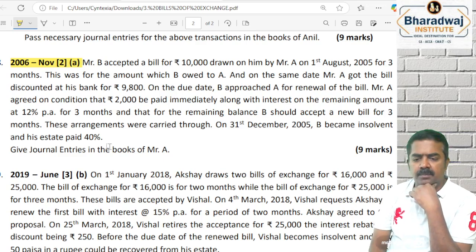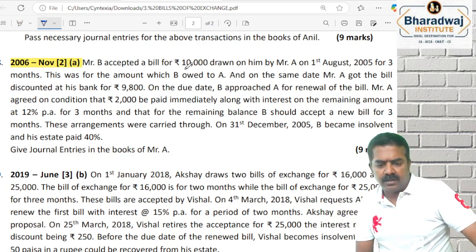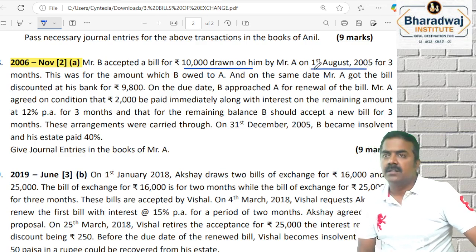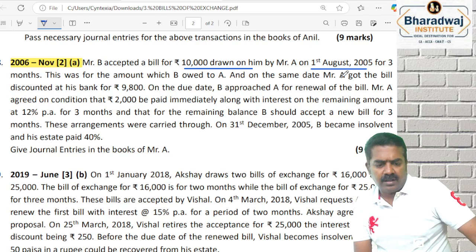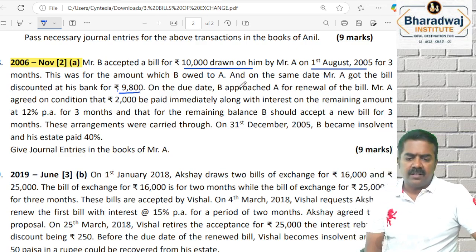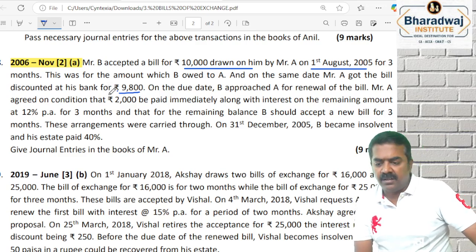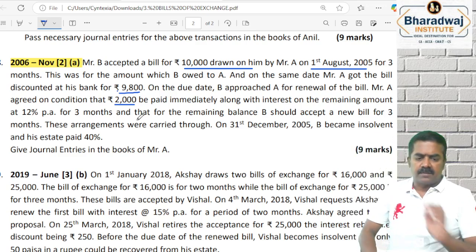Mr. B accepted a bill of 10,000 drawn by A on 1st August 2005 for how many months? 3 months. This was the amount owed to A, and at the same time A got the bill discounted for how much? 9,800. On the due date, B approached A for renewal of the bill on the condition that 2,000 rupees will be paid immediately along with interest, and the remaining will be paid for how many months? 3 months.